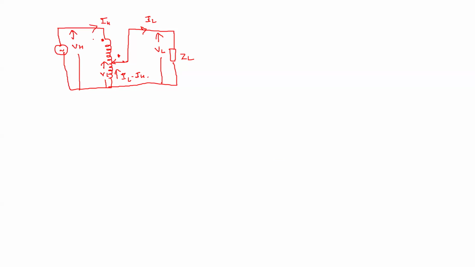Now as I have written, let us write the MMF balance. So how do we write the MMF balance? So let me write the MMF balance. As I said, this is ABC, where AB is the series winding and BC is the common winding.